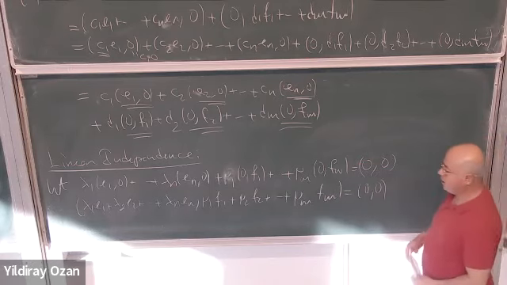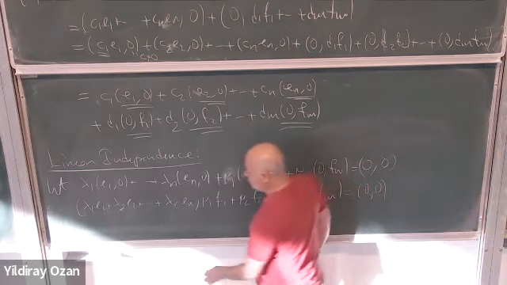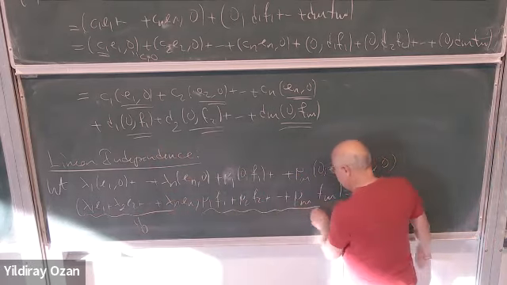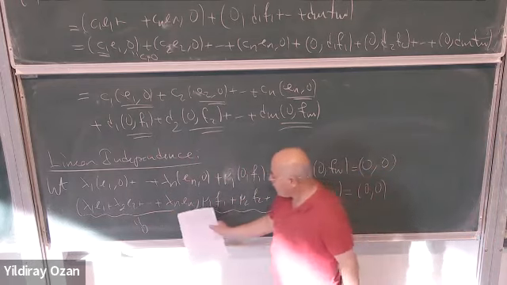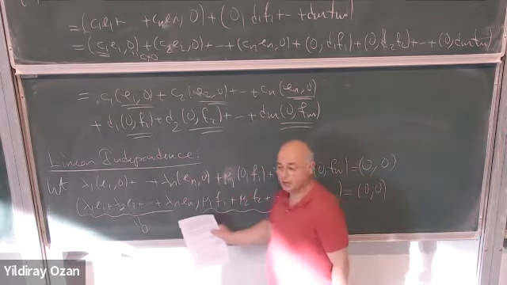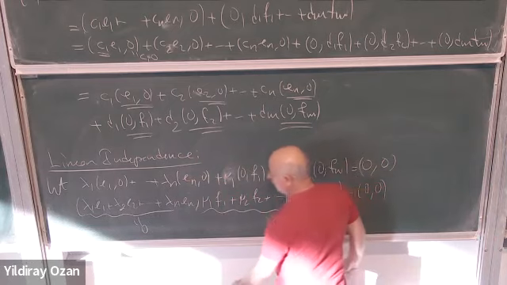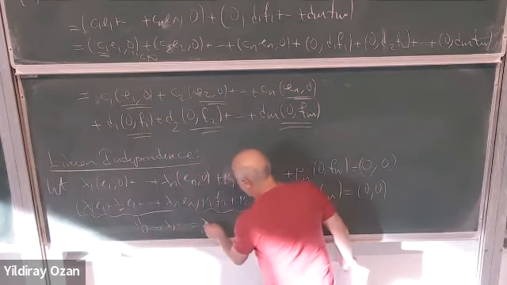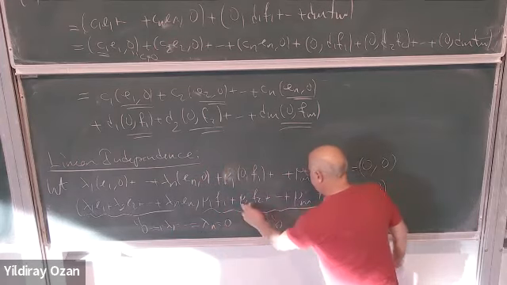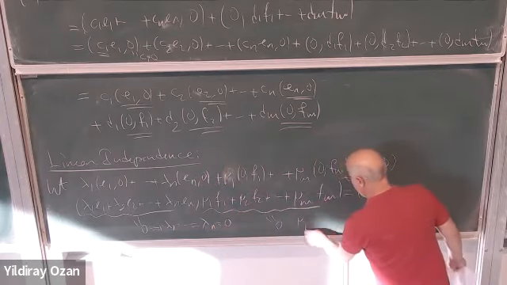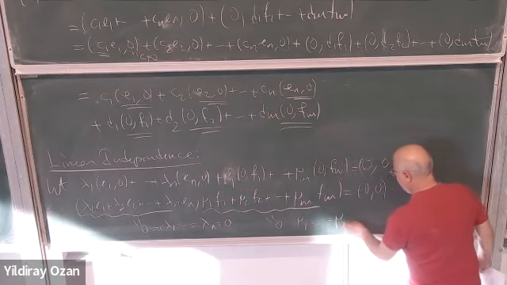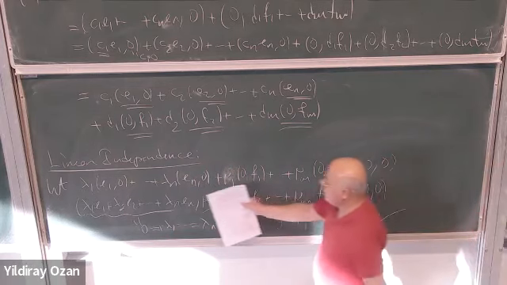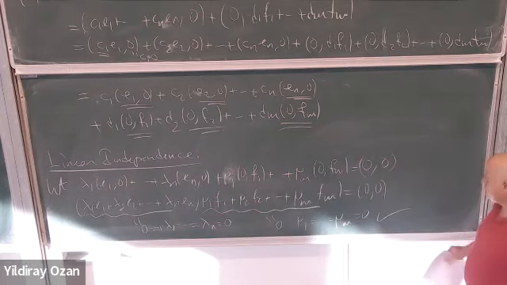This means that this is 0 and this is 0, but these are basis elements, E1 to En. Therefore lambda 1 up to lambda n are 0. And again, these are basis elements, so mu 1 up to mu m are all 0. So all these coefficients must be 0. Therefore, this is linearly independent.